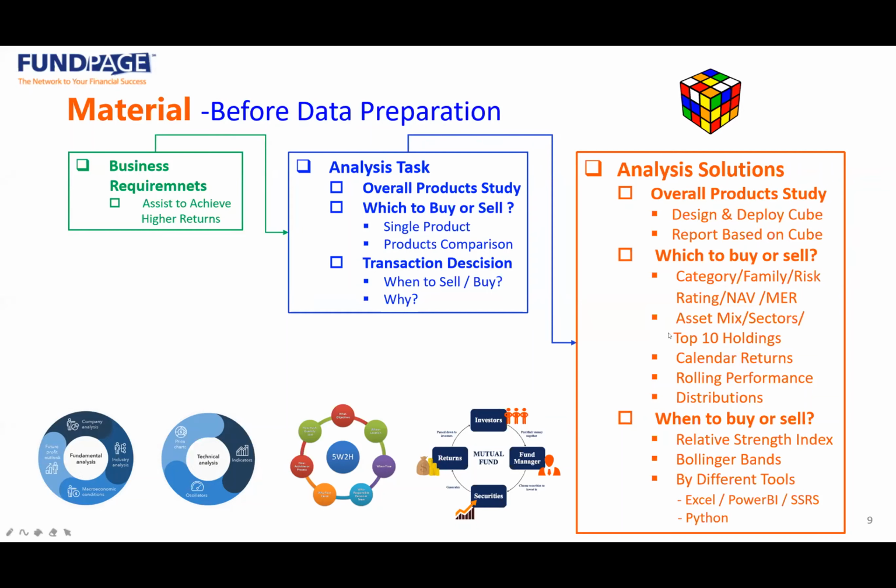Here we take the mutual fund as an example: category, family, risk, rating, NAV. And the last part is when to buy or sell. We will use 2 different indicators, relative strength index and Bollinger Bands, with different tools: Excel, Power BI, SSRS, and Python.